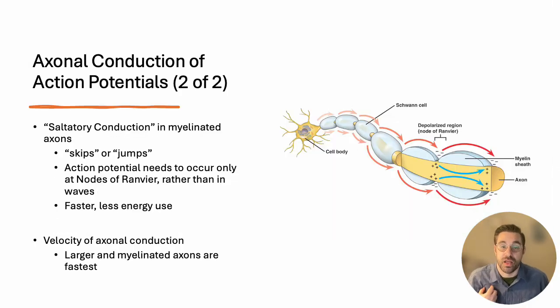And then the cool thing is that those myelin sheaths that we talked about make it go faster. There's a term for this called saltatory conduction. But the general idea is that the myelin sheath created by glia, like Schwann cells, allows us to only have to do the depolarization every once in a while.